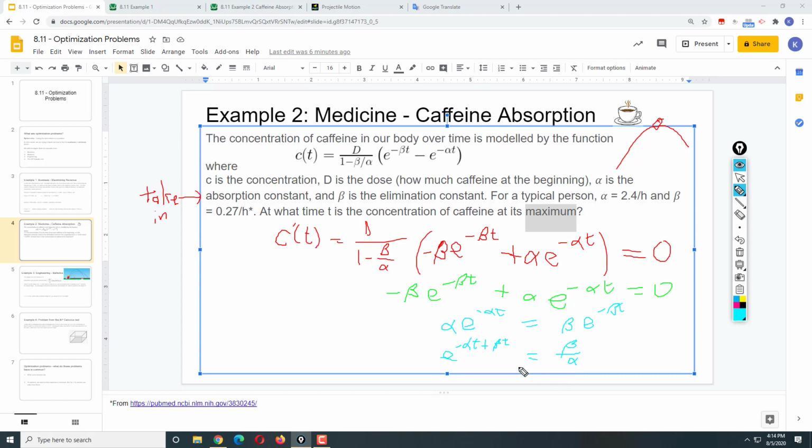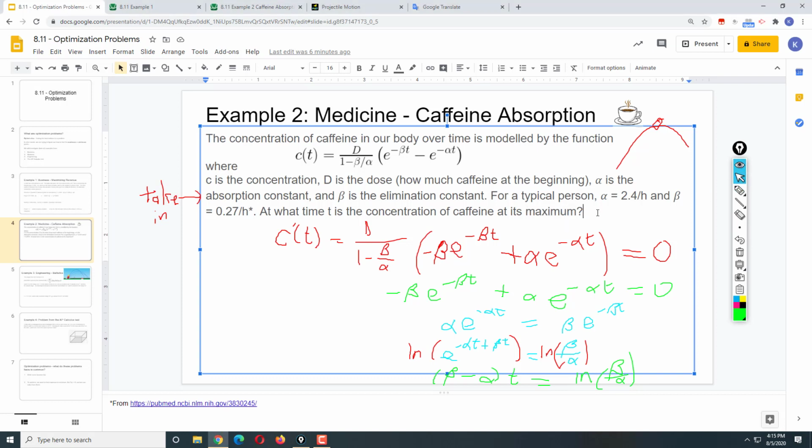Take the ln of both sides, the natural log. We know that when we take the ln of e, they cancel because they're inverse operations. So we end up with beta minus alpha t is equal to ln beta over alpha. Okay.